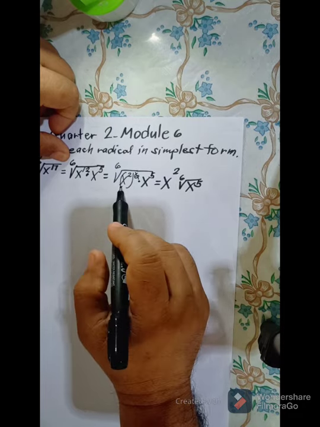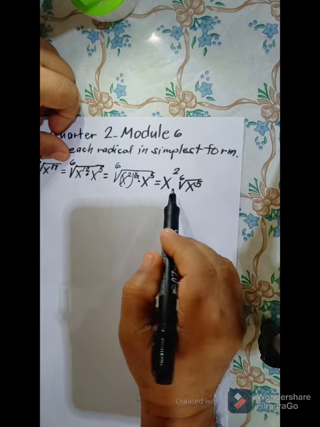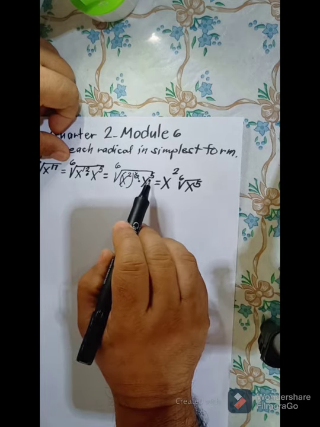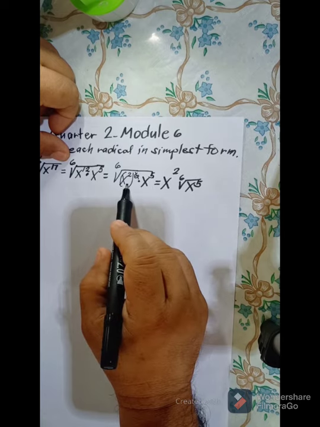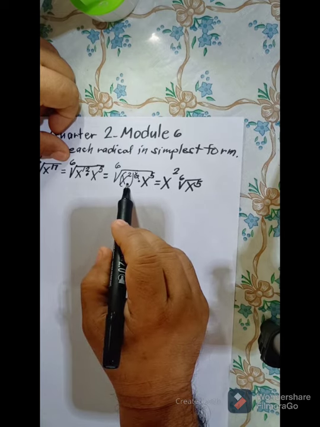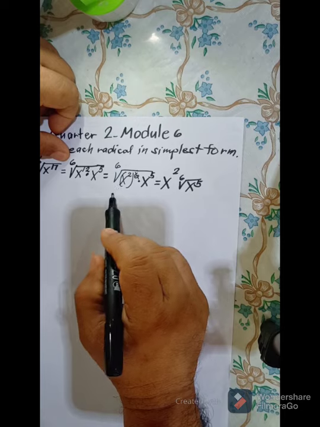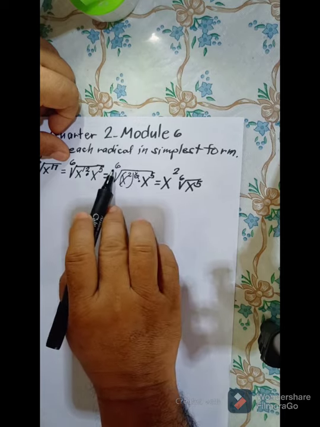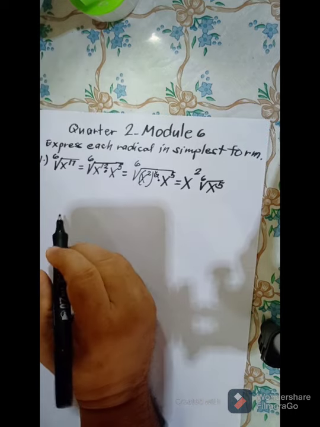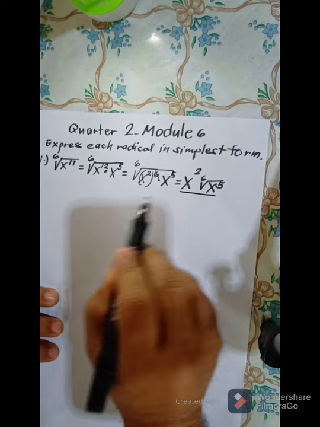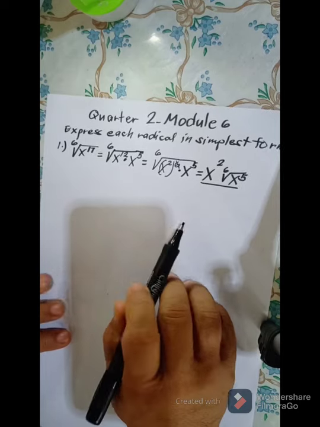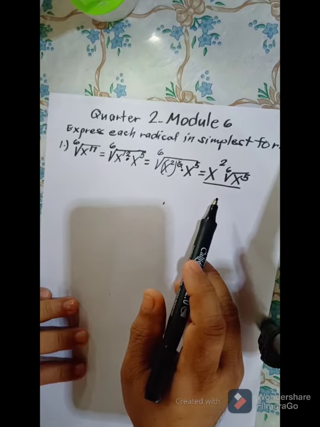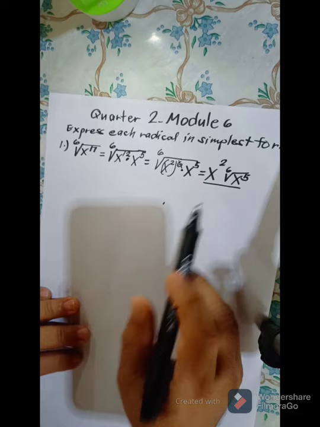So we take out x squared and write it as coefficient of the sixth root of x to the fifth power. Take note that x squared is no longer written inside the radical because its power, 6, is equal to the index 6. So the simplified form is x squared times the sixth root of x to the power 5.